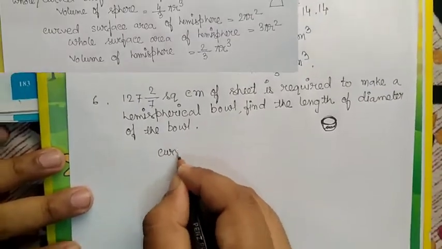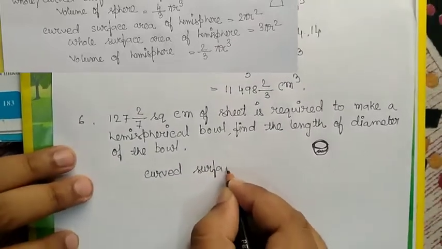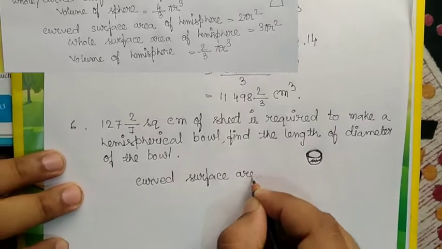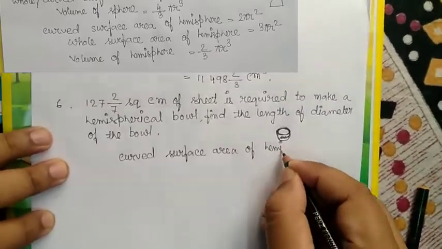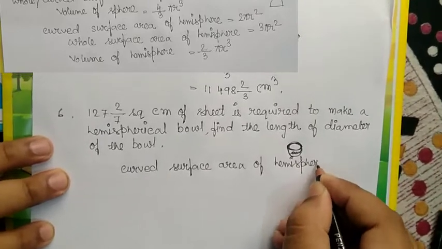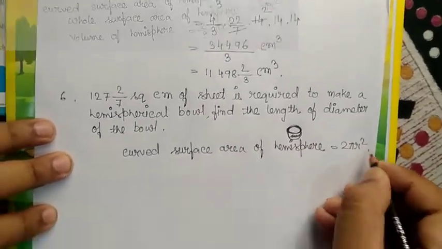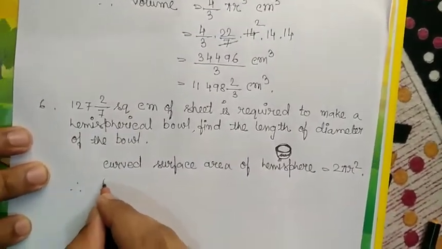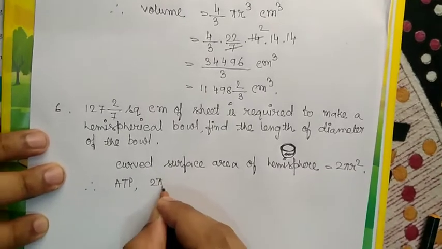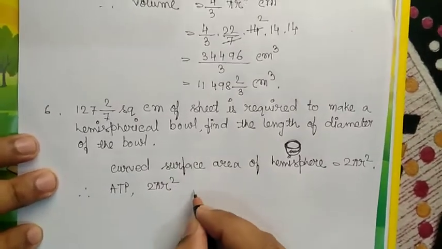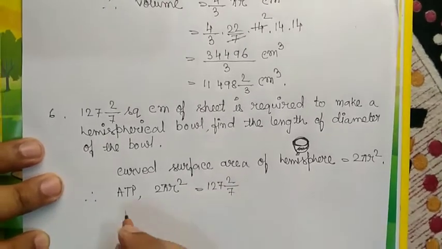So first of all, the curved surface area of a hemisphere equals 2 pi r square. Therefore according to the problem, 2 pi r square equals 127 and 2 by 7.